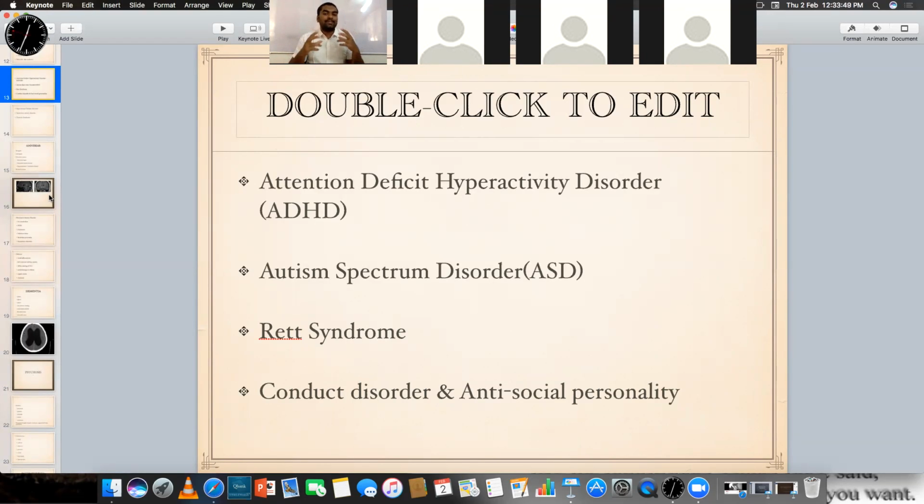So what basically is autism spectrum disorder? Who is an autistic child? These children have problems in making bonds and relationships.